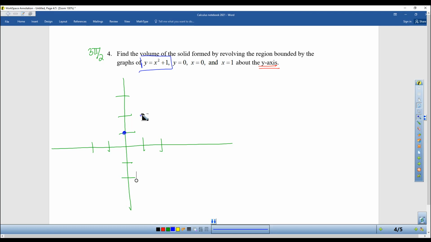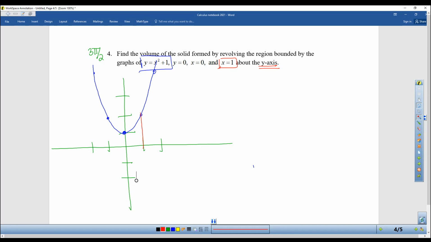So from here, up 1, and then over 2, and up 4. But I don't really need to get those points because I saw that it ended at 1. So at x is equal to 1, it's right there.